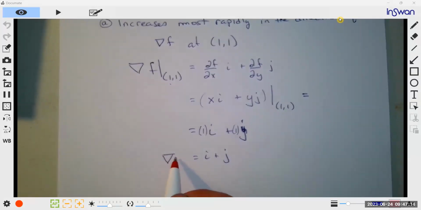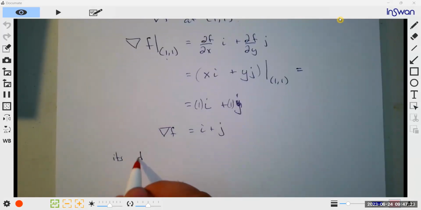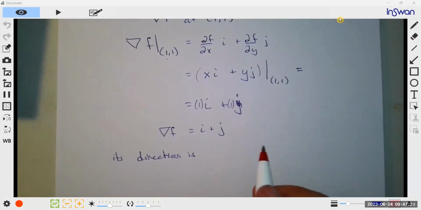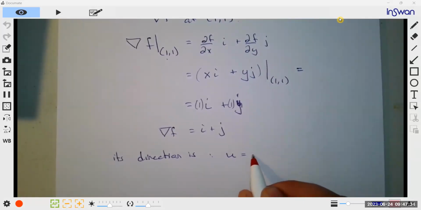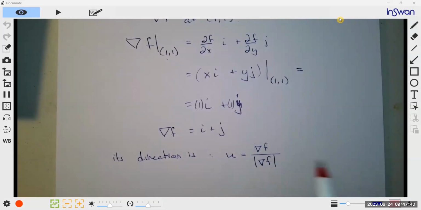Now its direction is del f over the magnitude of del f, which is i plus j.